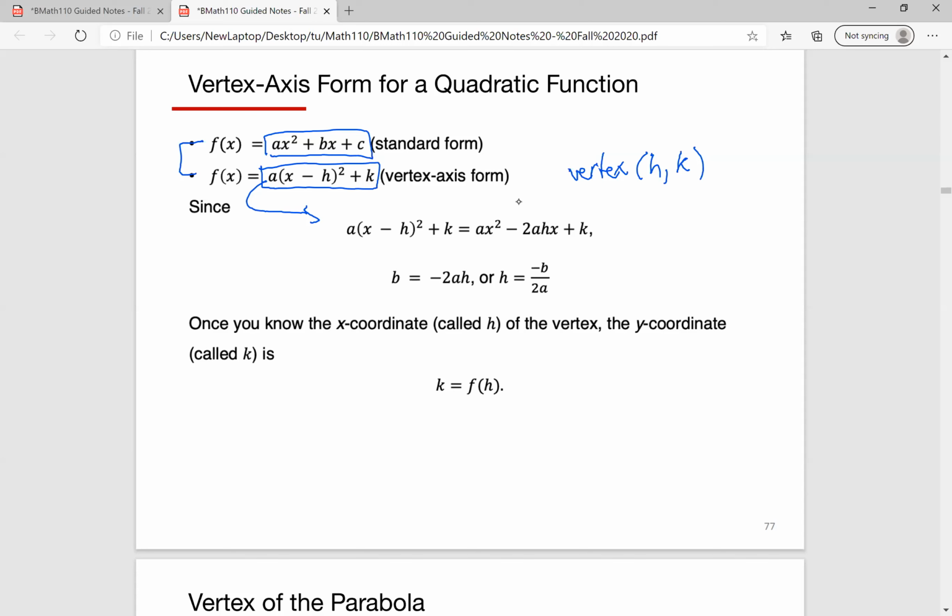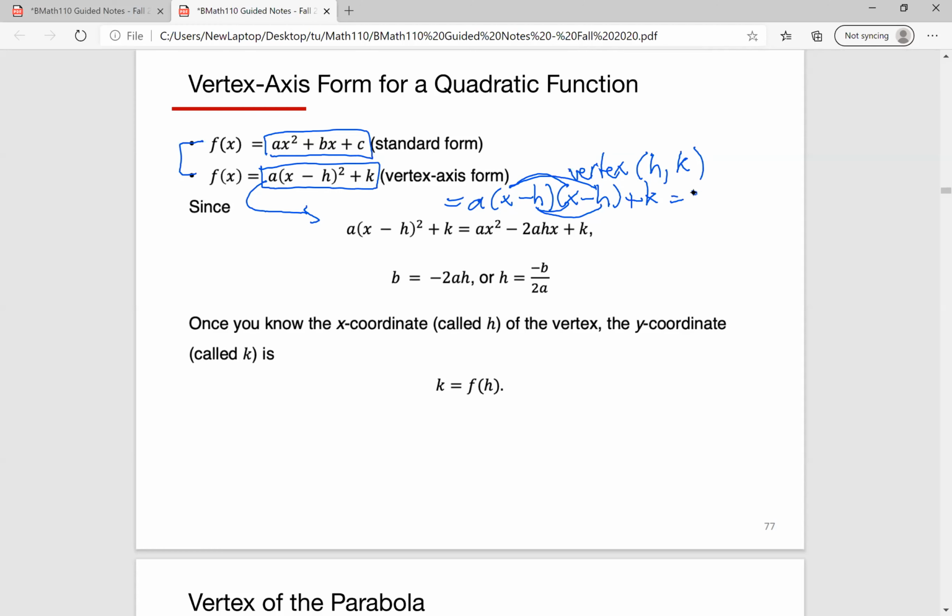So I'm going to have a times (x minus h) squared plus k, and you will have to do the distribution.